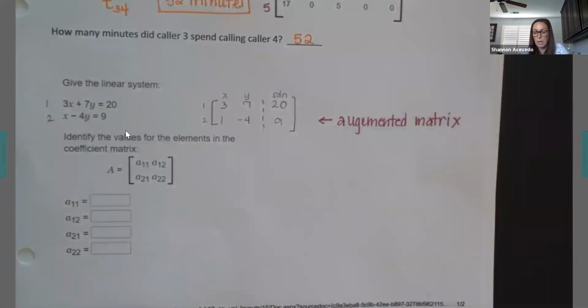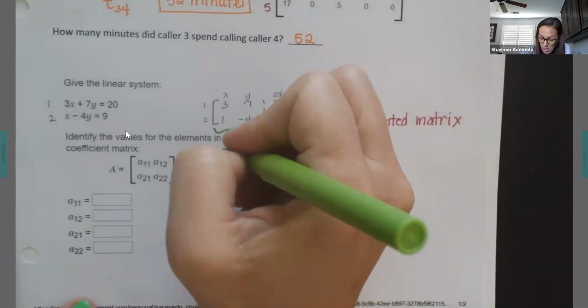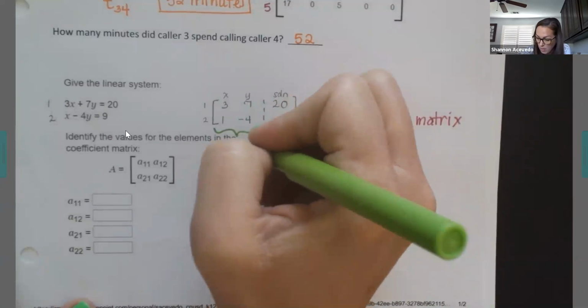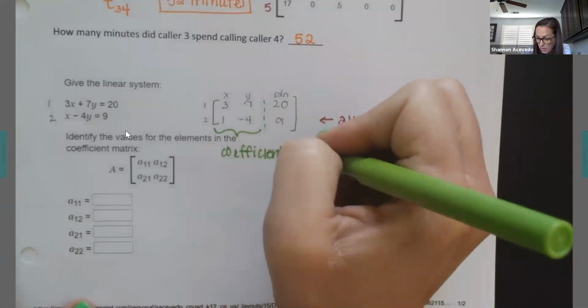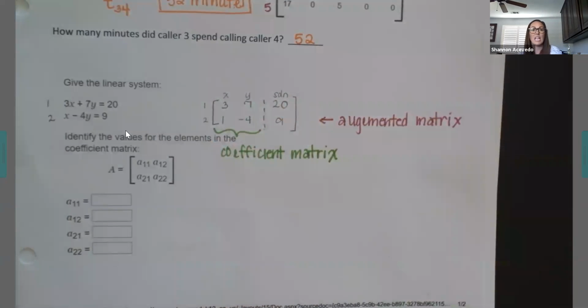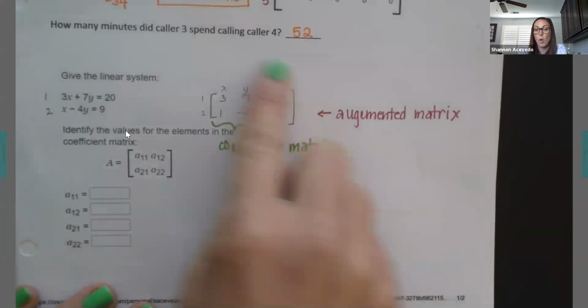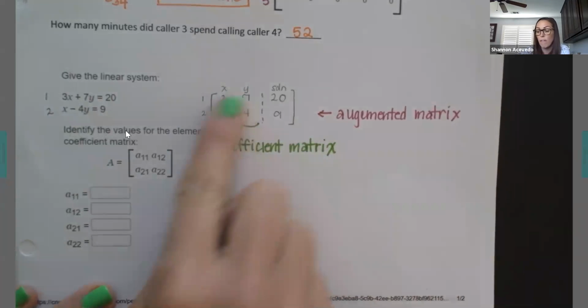If you want to talk about just this piece right here, this is the coefficient matrix. So you can take a linear system and you can write it as this whole piece where you have the solutions, and that's the augmented matrix, or just the coefficients.